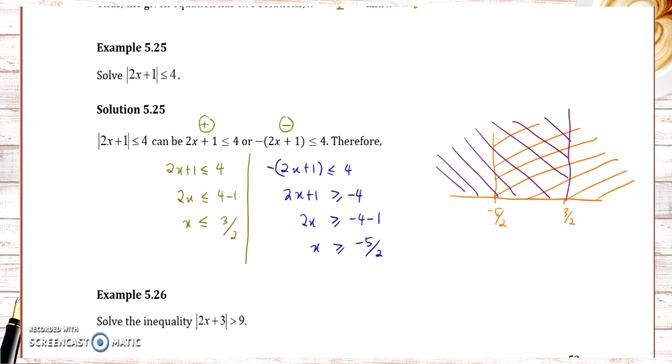From here we can see that the area that satisfies these two intervals is this, from negative 5 over 2 until 3 over 2.